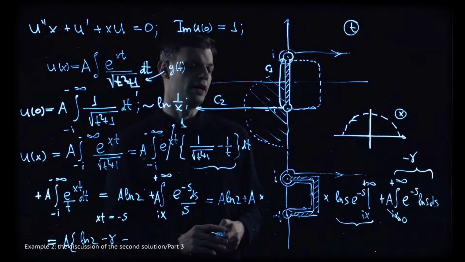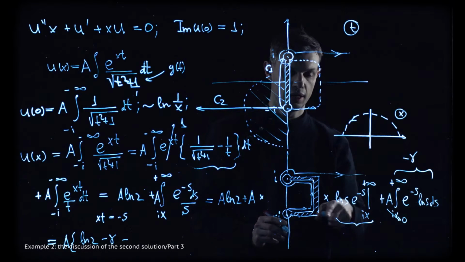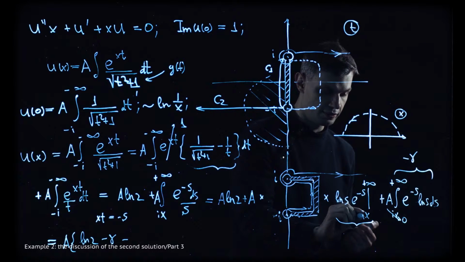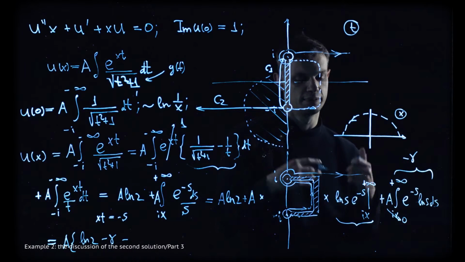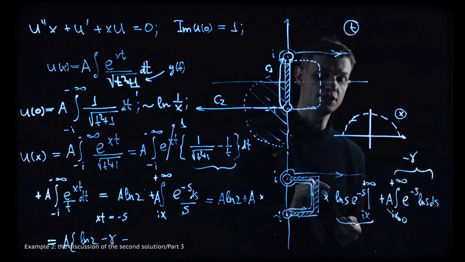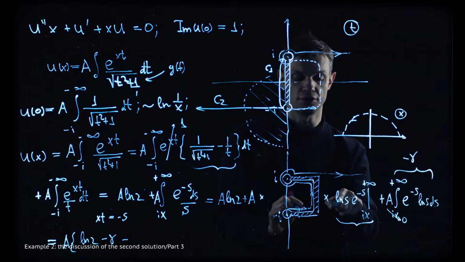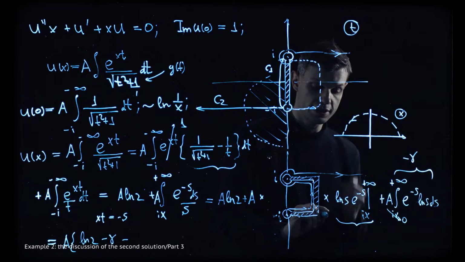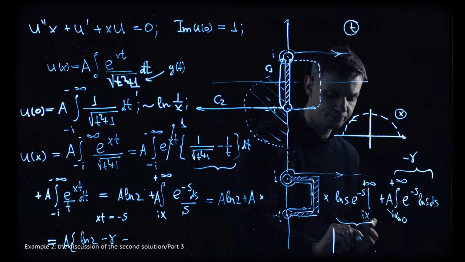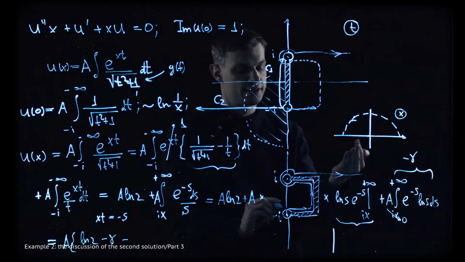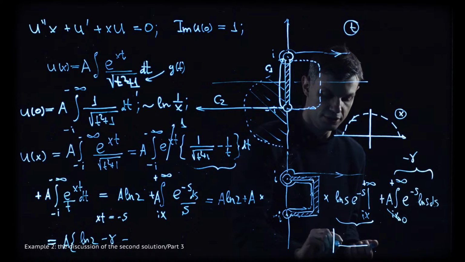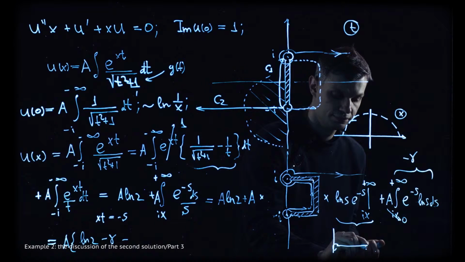So what is logarithm of i? That's a good question. In order to find the value of the logarithm of i self-consistently, you actually need to draw a branch cut to define this logarithm in a single-valued way. So okay, let's do this. Just a small picture. Let's draw a branch cut, for example, in the positive direction, like this.